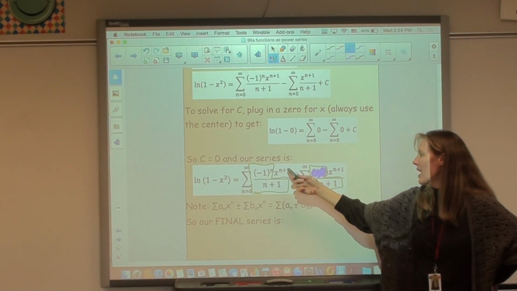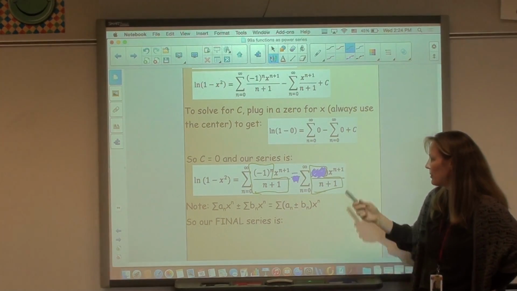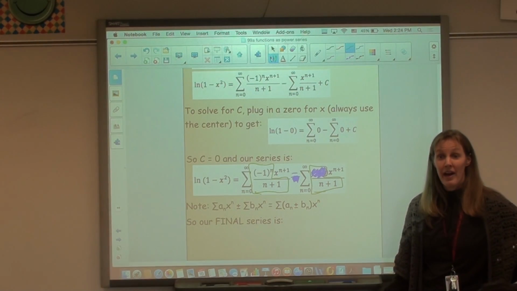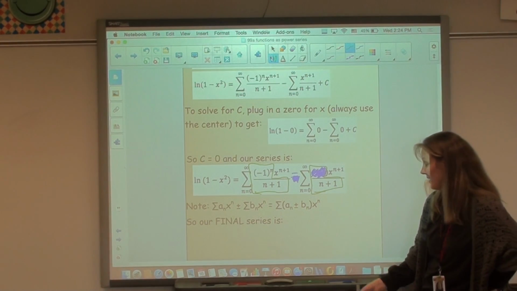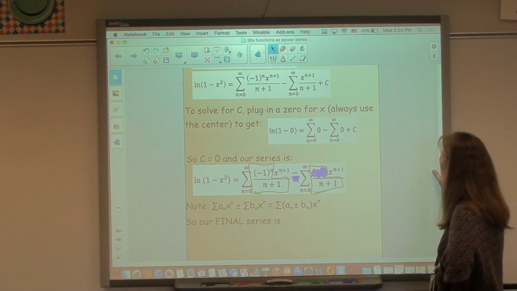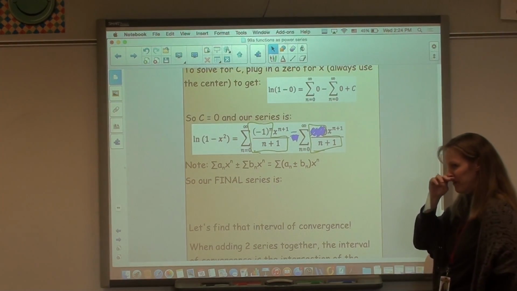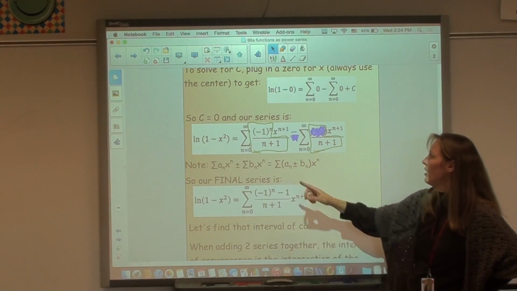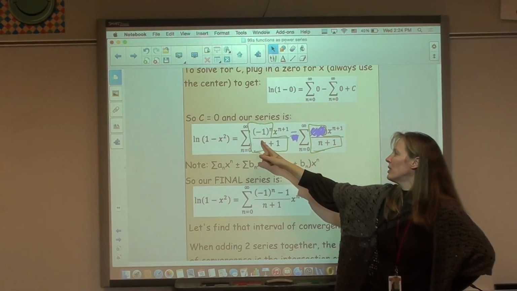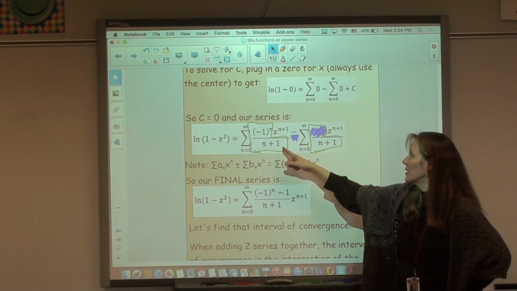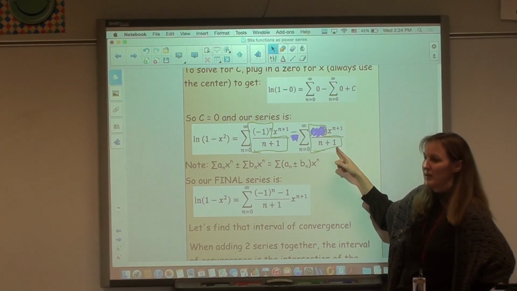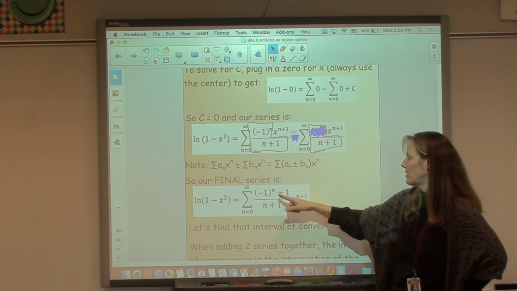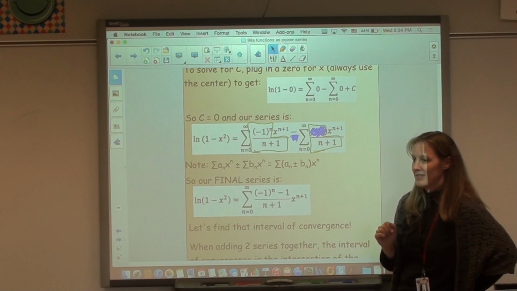So you have this many apples minus this many apples, and you have to write what's left. How many apples do you have? So all you do is say I have -1 to the n over n plus 1 apples minus 1 over n plus 1 apples. So I end up with -1 to the n minus 1 over n plus 1 apples.